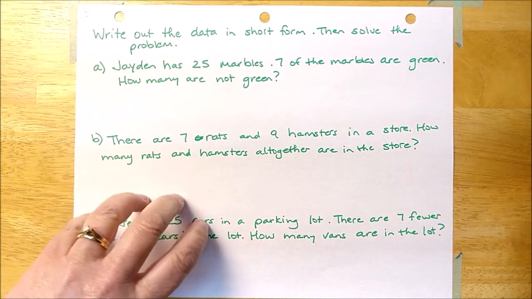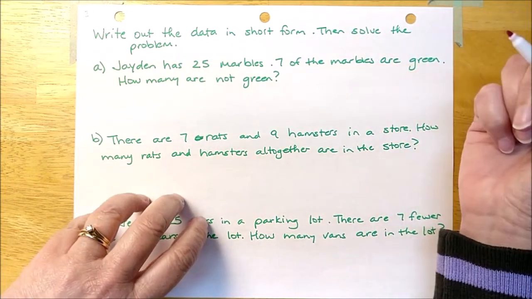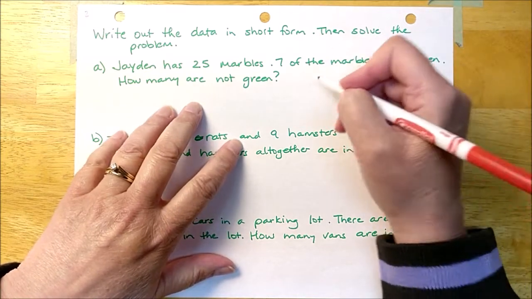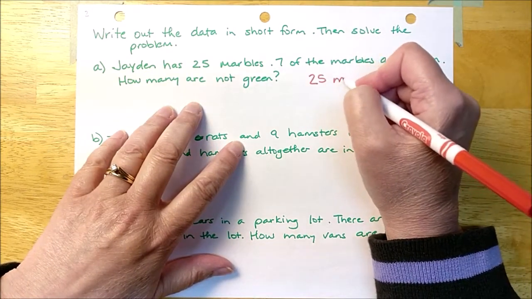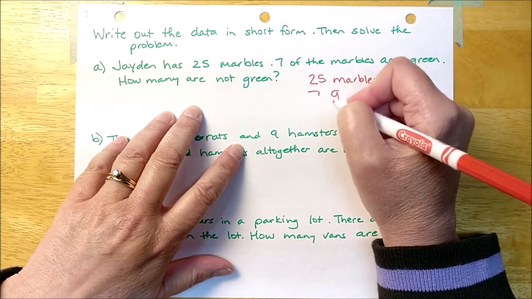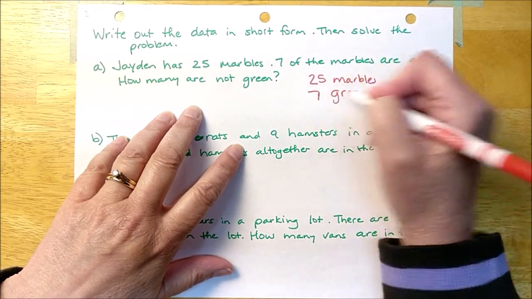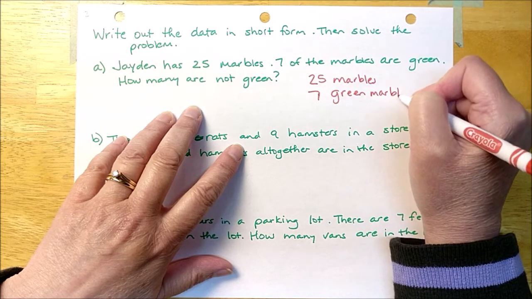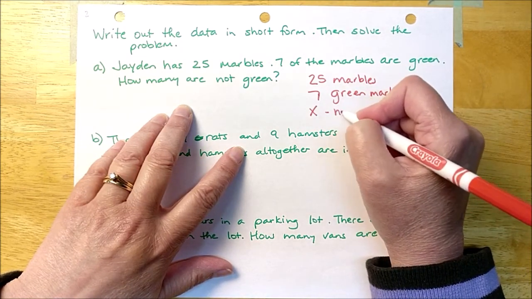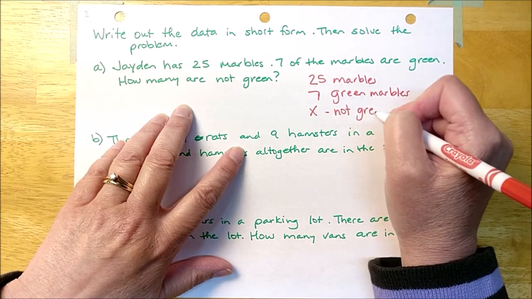Okay, we're back. So if I'm going to put this into the smallest amount of words, shortest form, I have 25 marbles, 7 green marbles, and I don't know how many are not green.